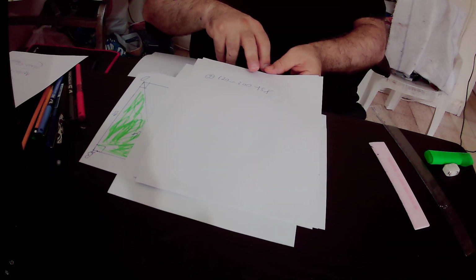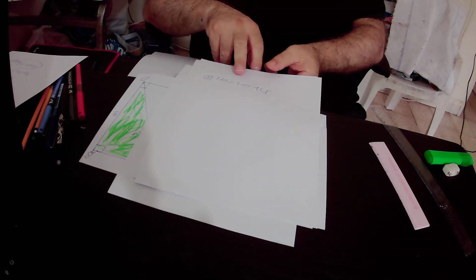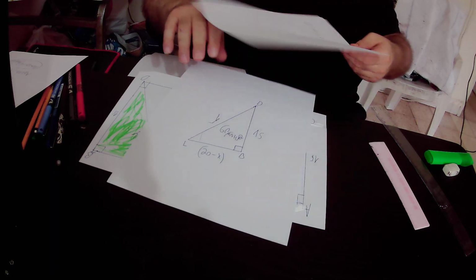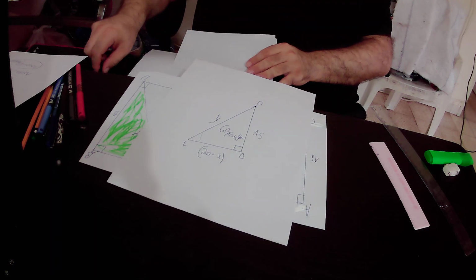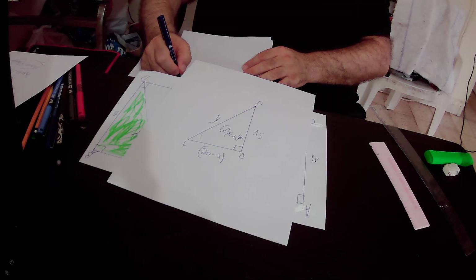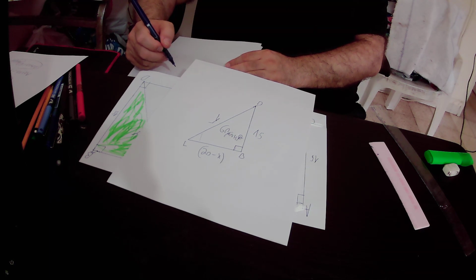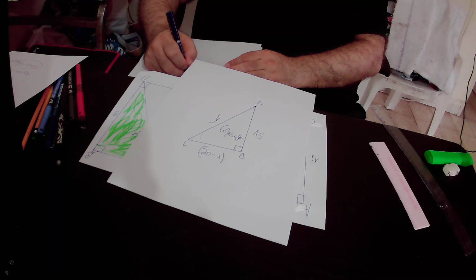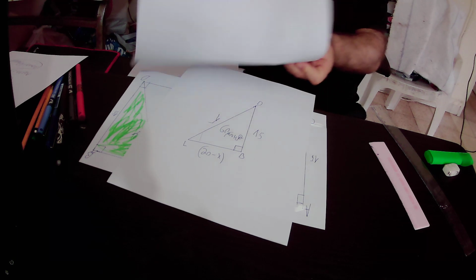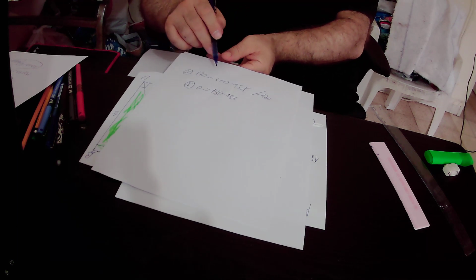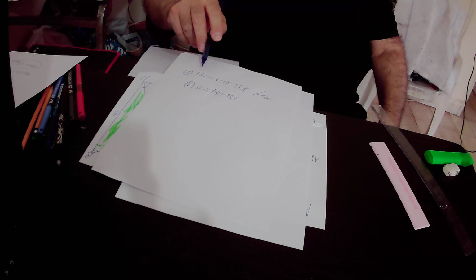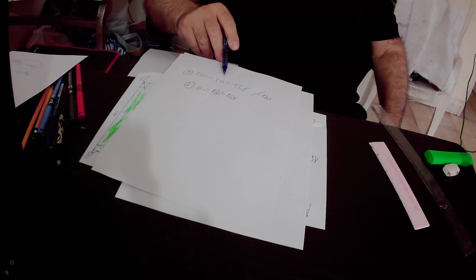Now we'll subtract 120 from equation number 1. 120 minus 120 equals 0, and 300 minus 120 equals 180.